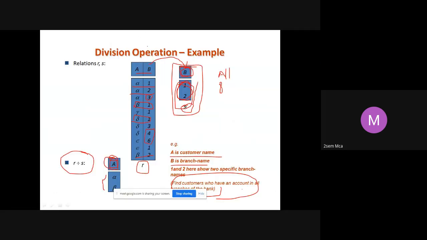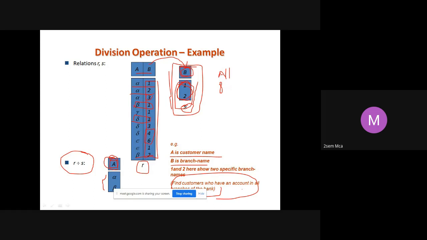S is a subset of R. Means whatever values are there in R, you have to take a couple of them only. You can take 1, 2, 3, 4, 6. These are the possible values in B. All the values you can take in B, no problem. Or you take a couple of them, no issues.